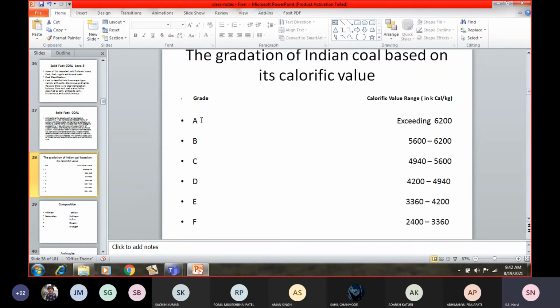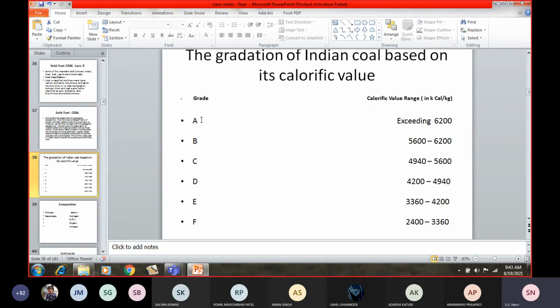Now this grading is done on various parameters such as the chemical composition of the coal, especially the amount of carbon present there, and the amount of sulfur present there. Because if sulfur is there, that coal is considered a poor coal.